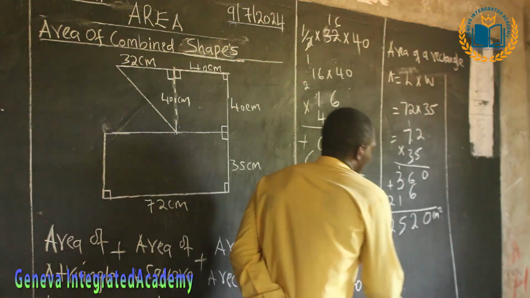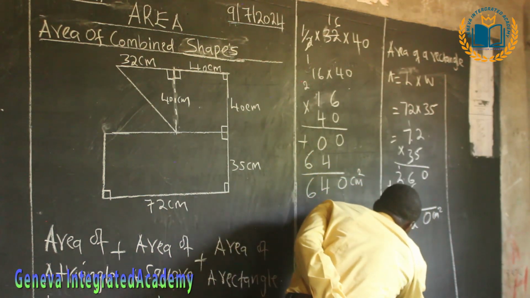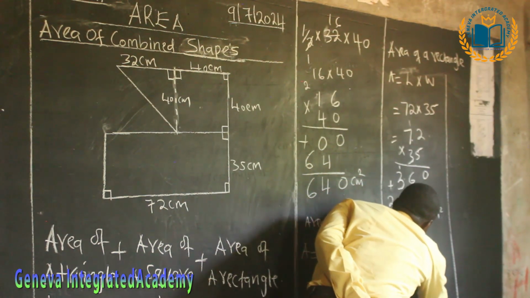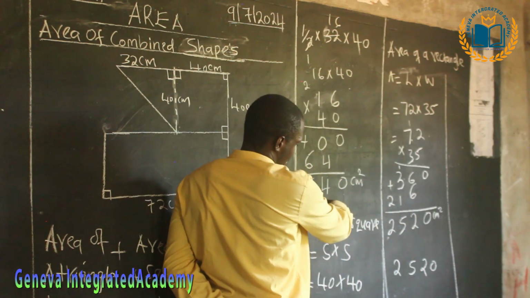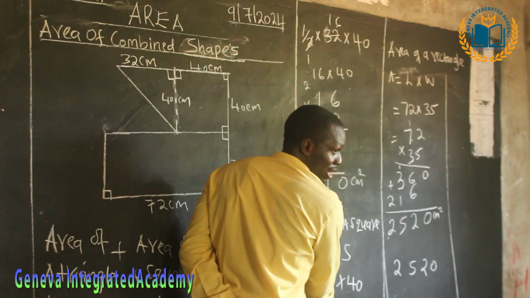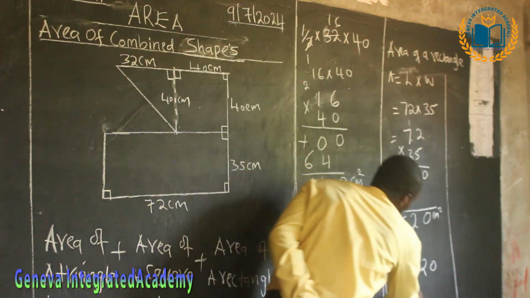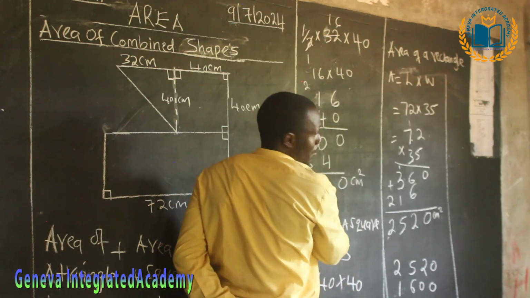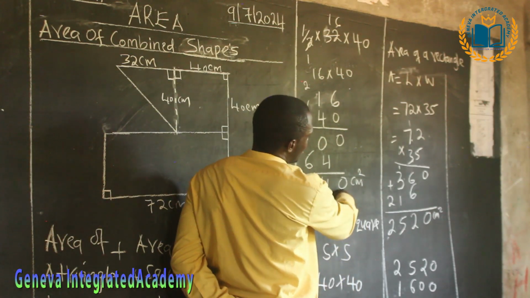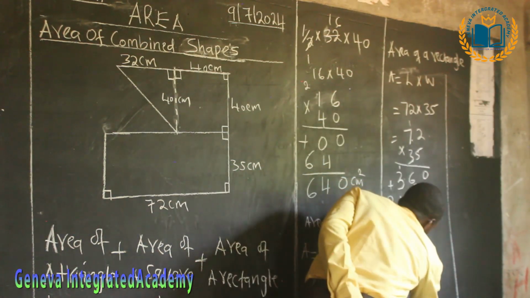So we start. This is the area of a rectangle, 2,520 plus. Let us add this one first: 1,600 plus 640. So this 0 is in the ones position, you write here.